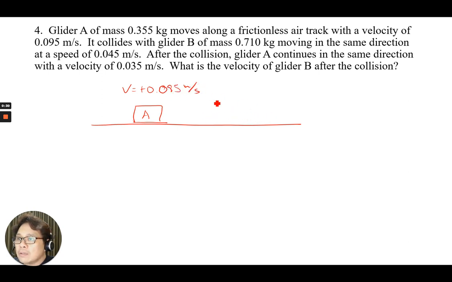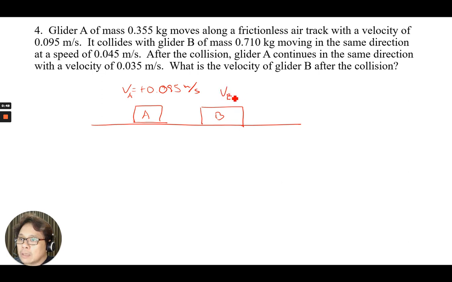It collides with glider B of mass 0.710 kilograms moving in the same direction at a speed of positive 0.045 meters per second. So it is slower, so glider A was able to catch up with glider B.